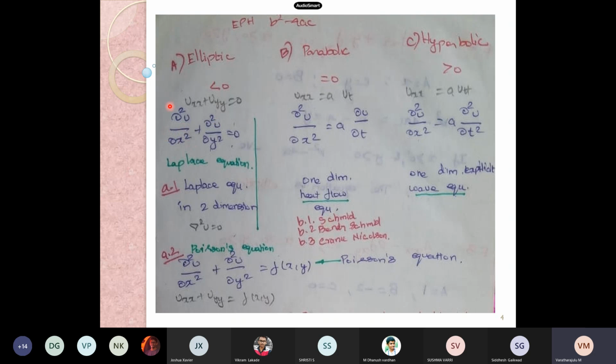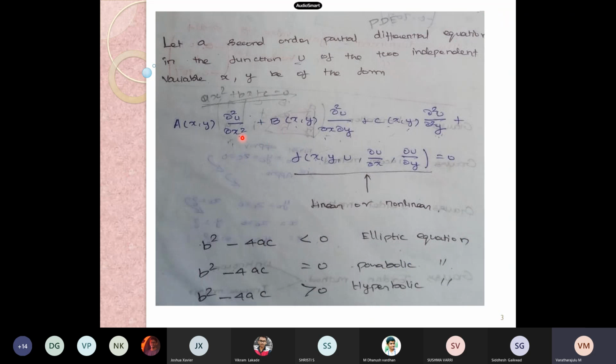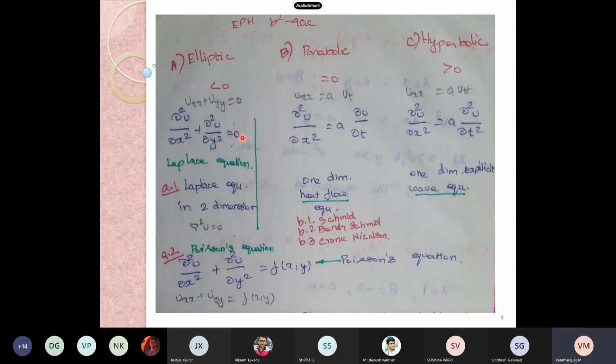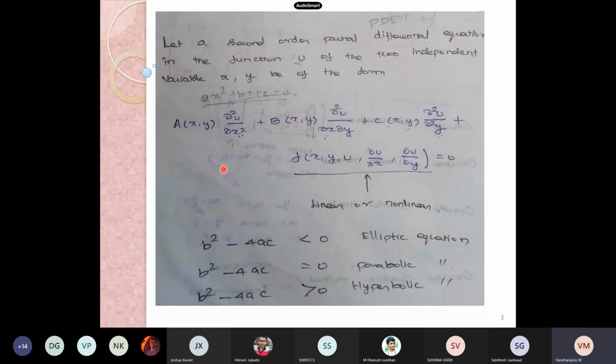This is the basic form of the elliptic equation, that is dou square u by dou x square plus dou square u by dou y square is equal to 0. So see, you try to apply this with this equation. That is, instead of a we have only 1, and instead of c we have 1, and b doesn't have any term.